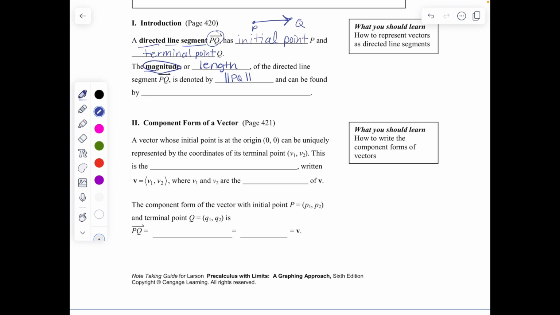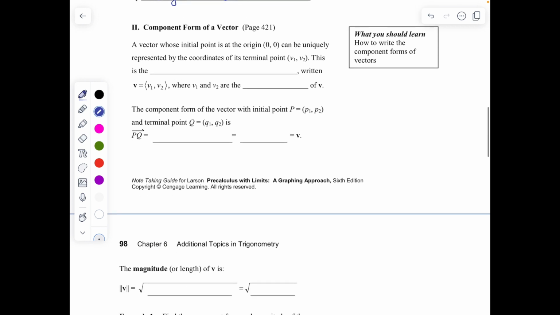It can be found by using the distance formula. Remember, length and distance are the same idea. When we're talking about vectors, we use the word magnitude.